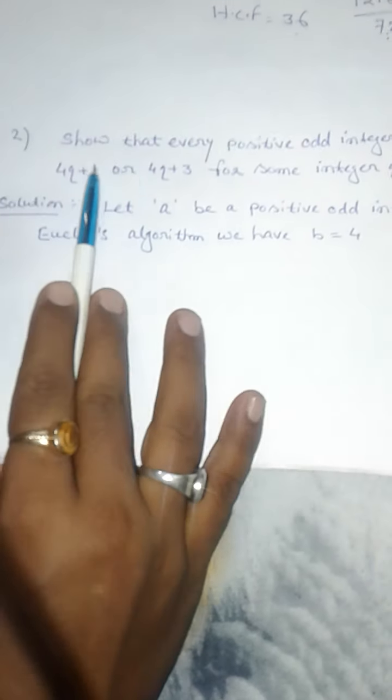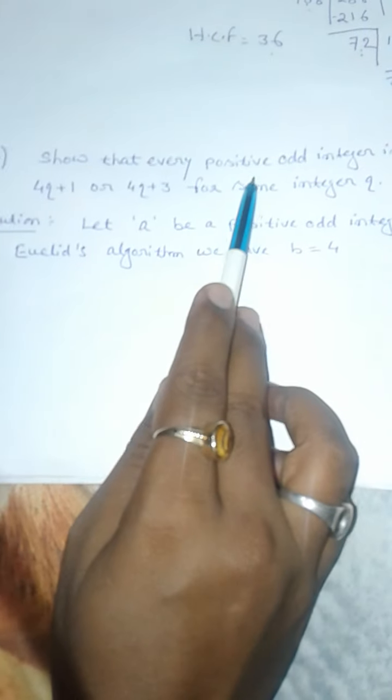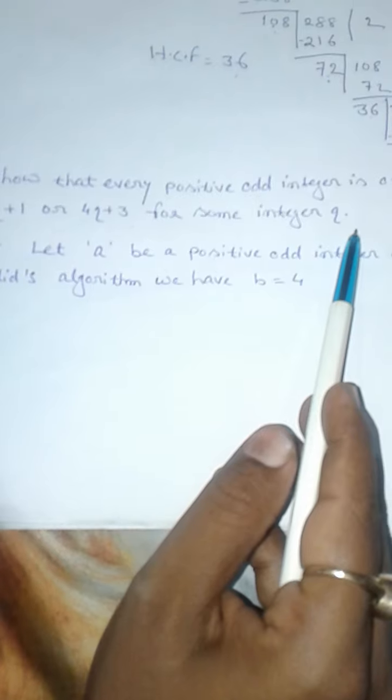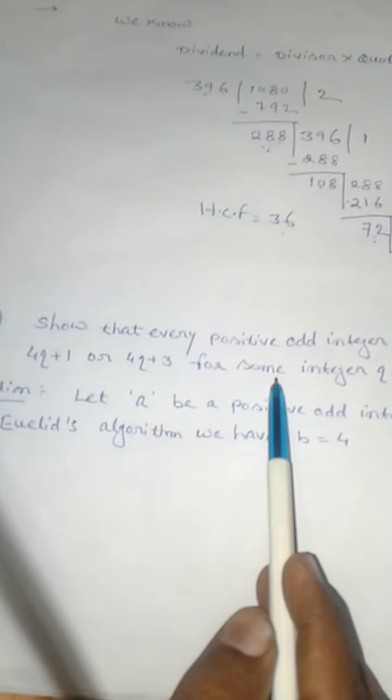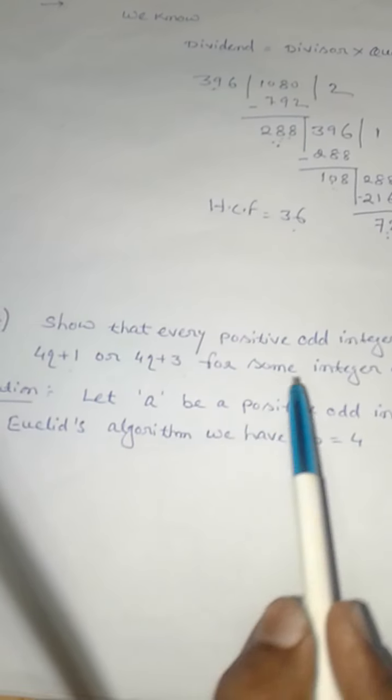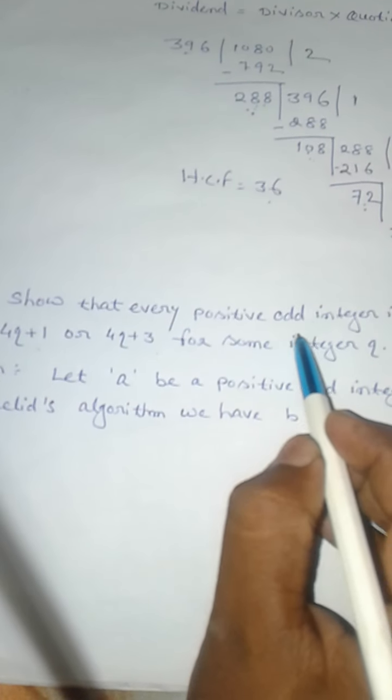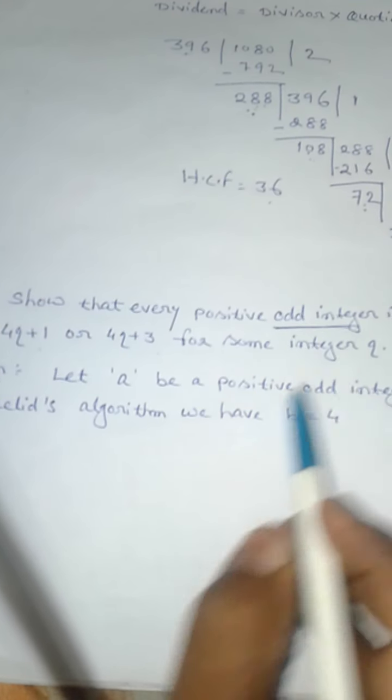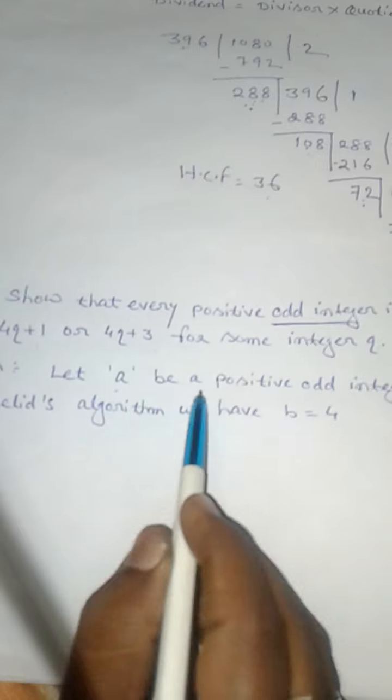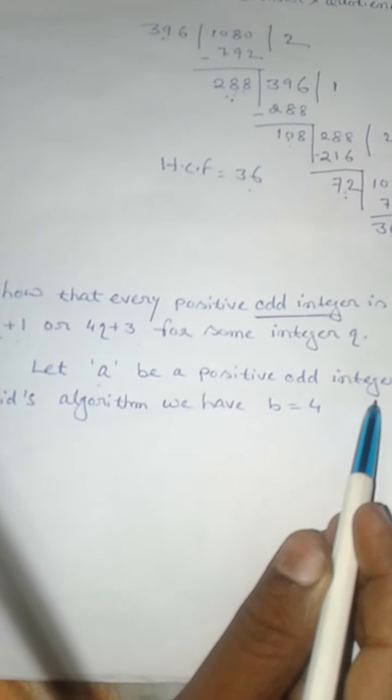Show that every positive odd integer is of the form 4q plus 1 or 4q plus 3 for some integer q. How can we do this type of sums? Here you have to see that it is given an odd integer. So let us assume a to be a positive odd integer.